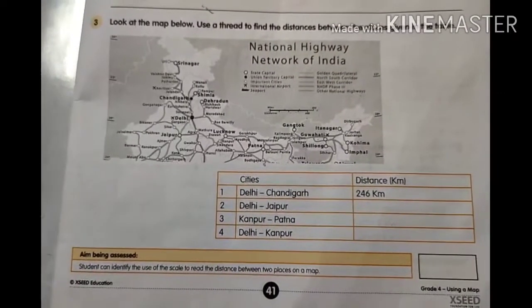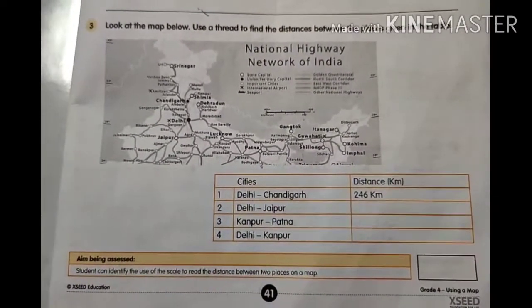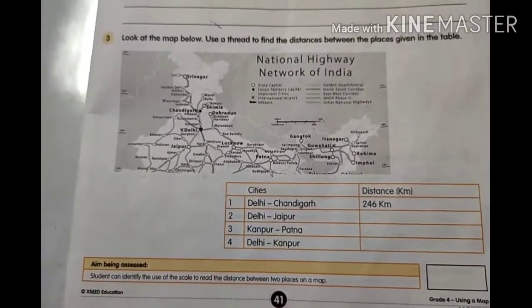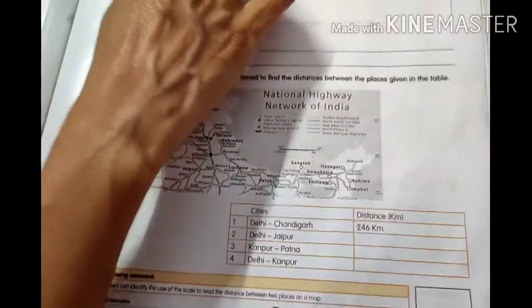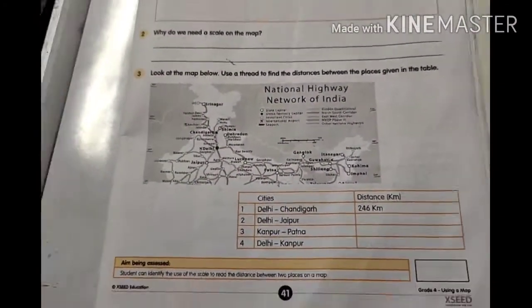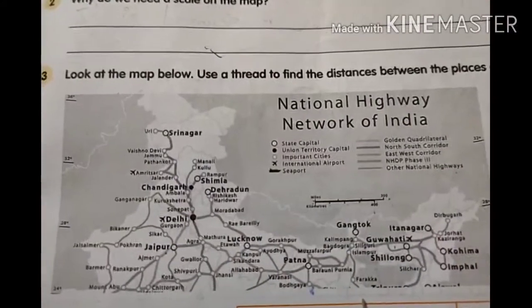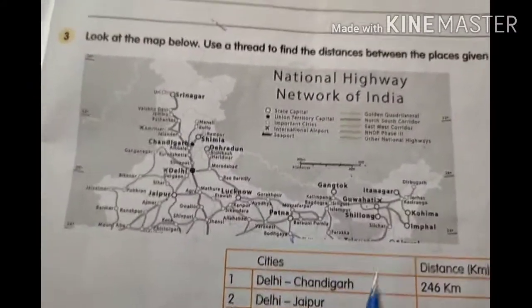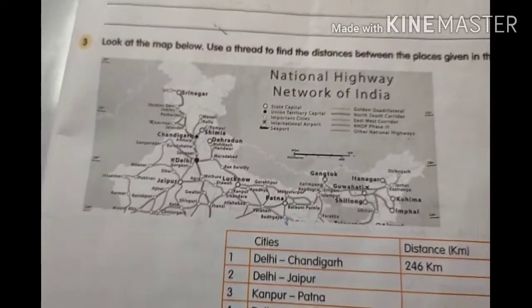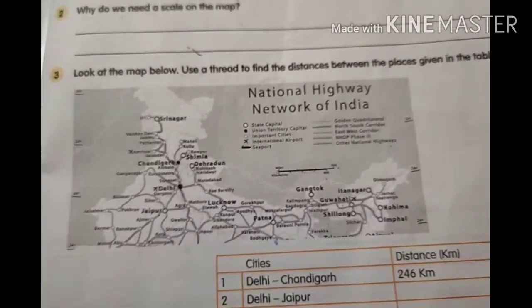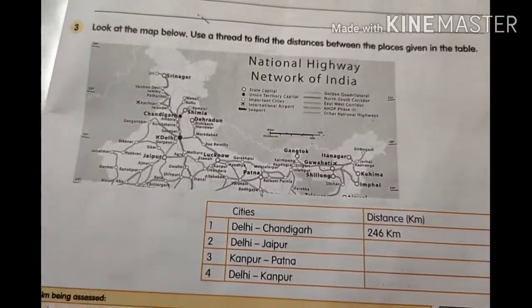Children, now open your workbook page number 41, scale. Now look at the map of India. What you have to do is take a thread and put it on the scale given in the map.